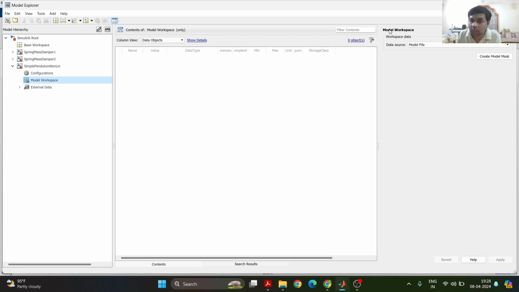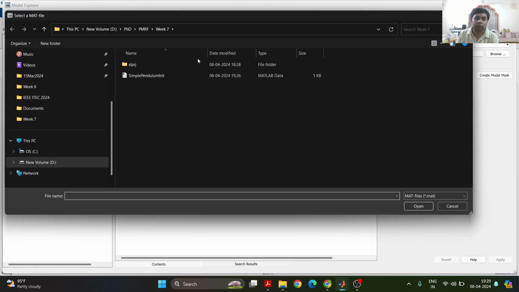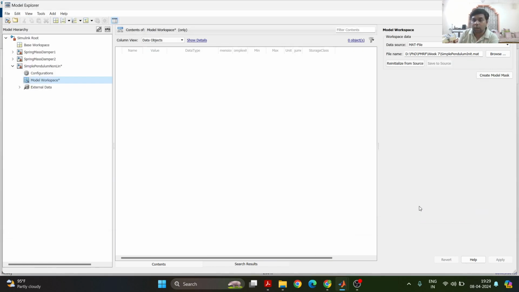And here we can set how to initialize the model workspace. So we can provide a data source. Let us say if you want to use the mat file approach, then we select data source as mat file, say file name, select this simple pendulum init and say open, and now it has this reinitialize from source.